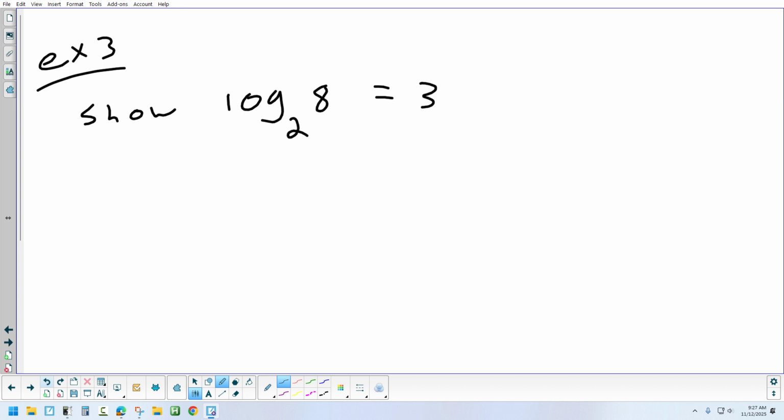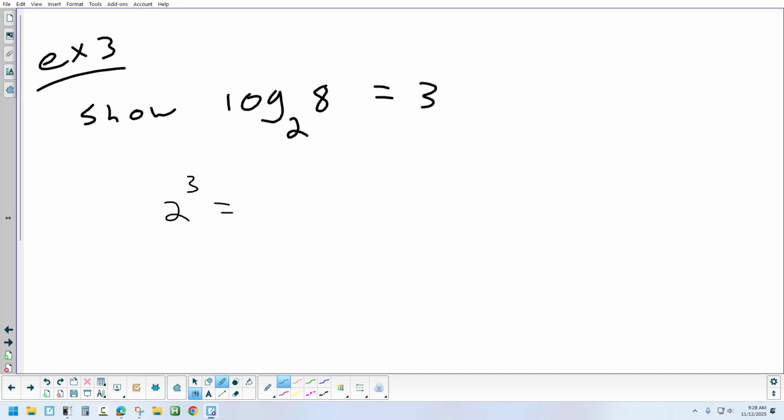Yep, base would be 2. And Declan, what would my exponent be? Your exponent would be 3. Yep, exponent would be 3.